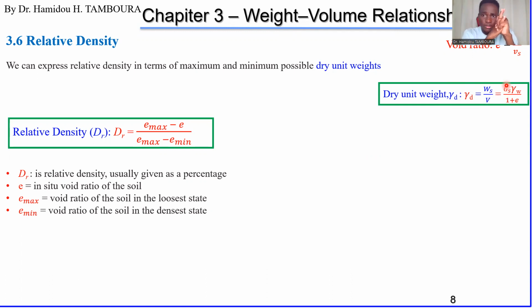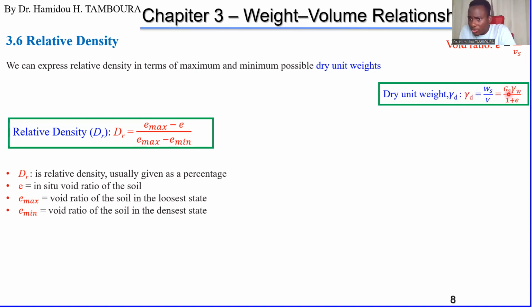This is the definition of specific gravity of soil. Then we can use this formula as the formula of dry unit weight.